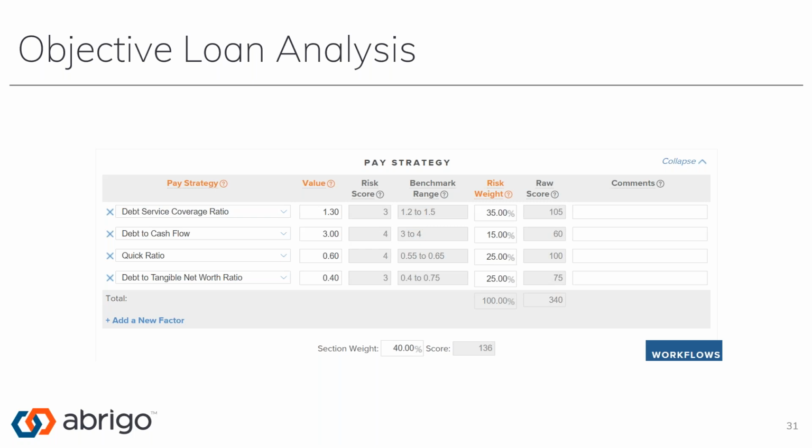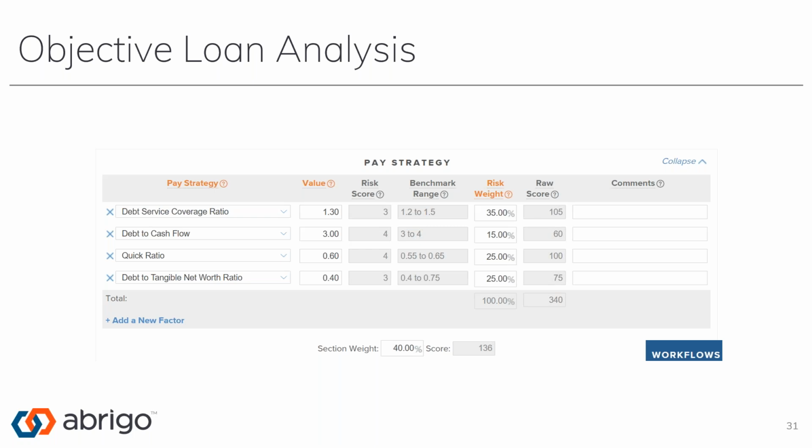And you'll see here at the bottom that section weight, I'm weighting 40% of my overall objective risk score on my pay strategies, right? I've actually seen this bumped up a little probably in the last year to 18 months. Even before COVID, it was actually being bumped up.